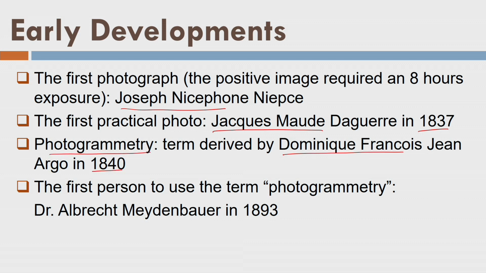The first term where he says that a photograph can be used for 3D measurement. That was his idea, conception. However, in reality, this term started being used by Dr. Albrecht from this year. Okay.